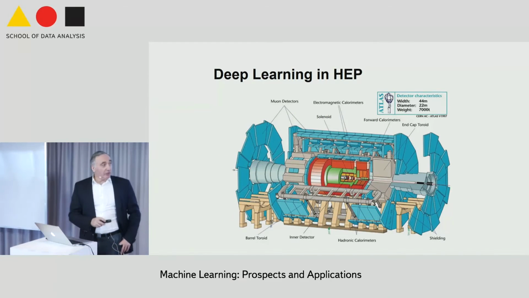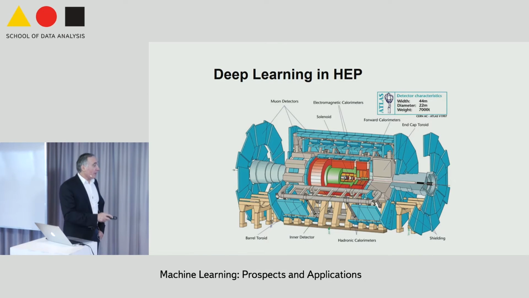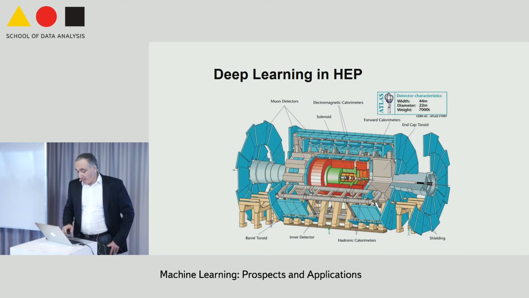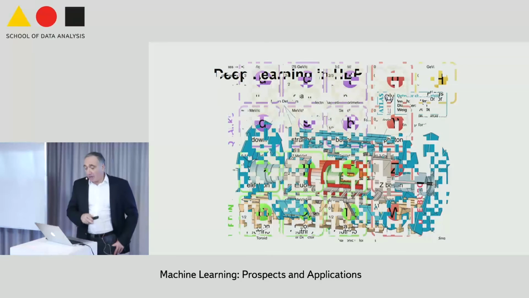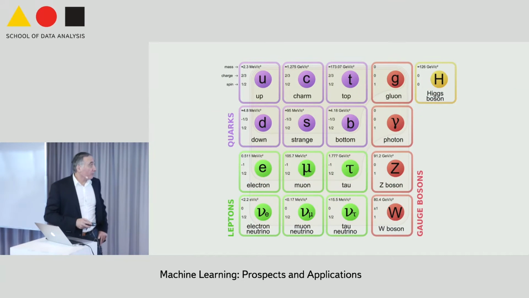So, high-energy physics. I told you there is this large collider. This is a typical human being. It has a lot of components. I have no time to go into the details, but it produces a very large amount of data. And what you're dealing with are really the fundamental laws of physics.